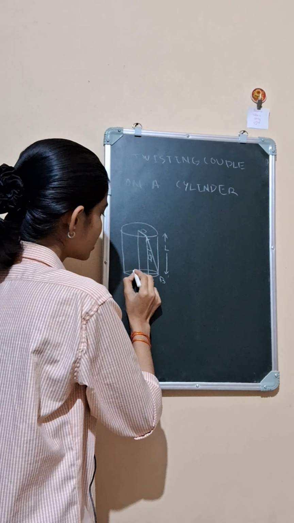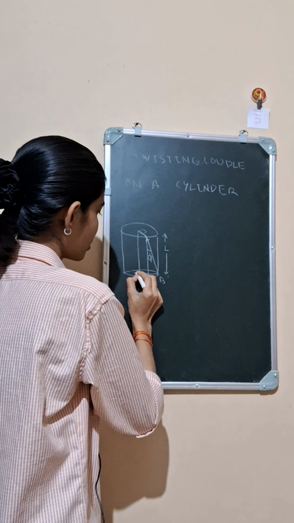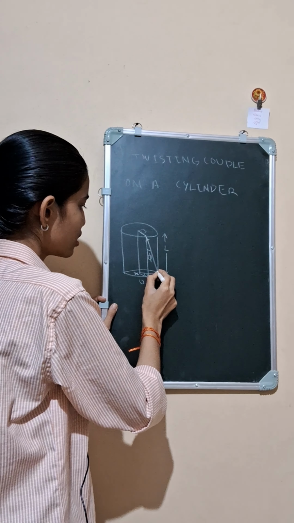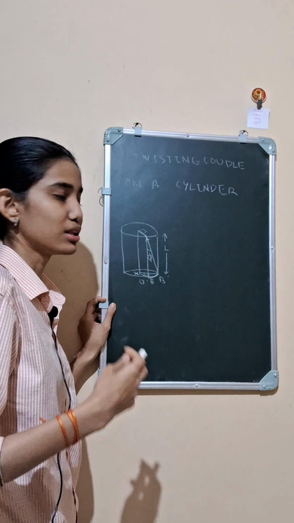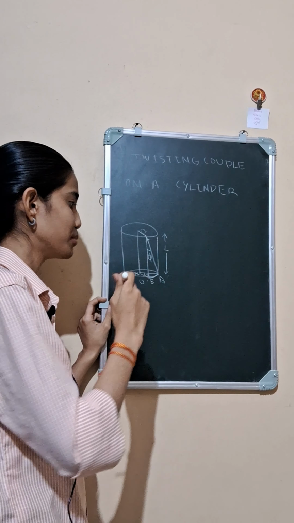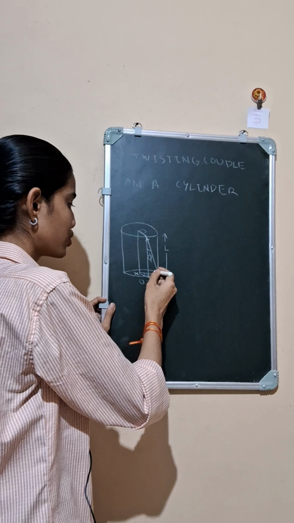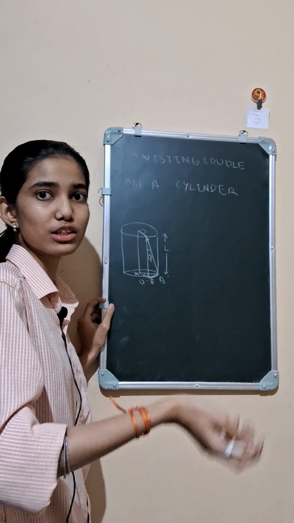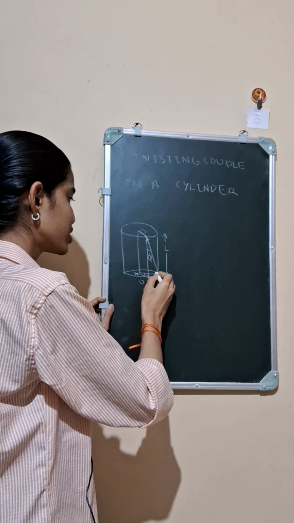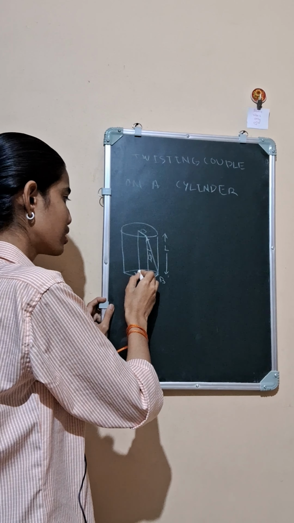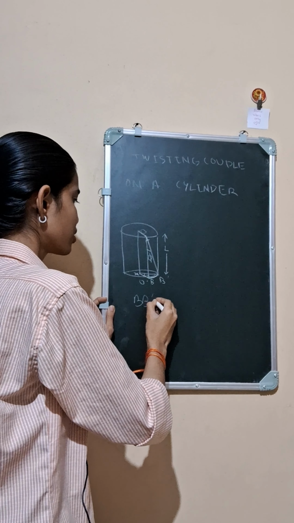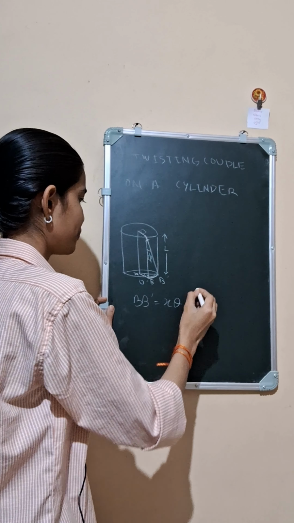If it has the radius of x, then x theta will tell you the length of arc BB dash. We know that the angle into the radius gives the length of the arc BB dash. Here it is making an angle theta and radius x. So BB dash will be equal to x theta.